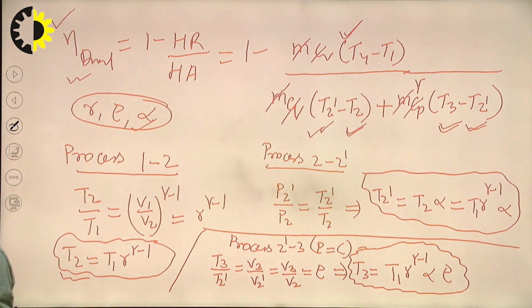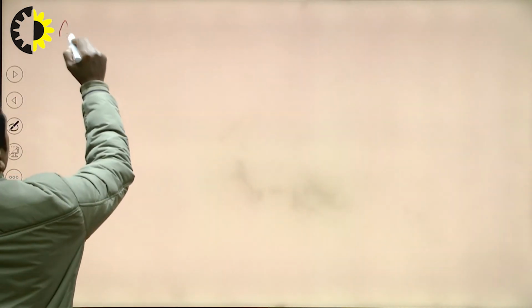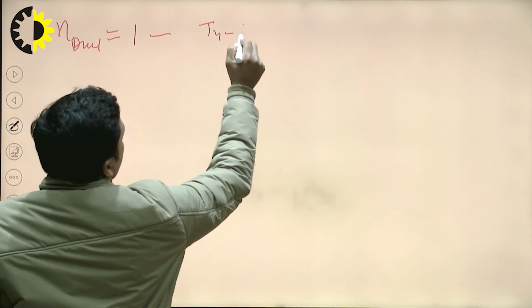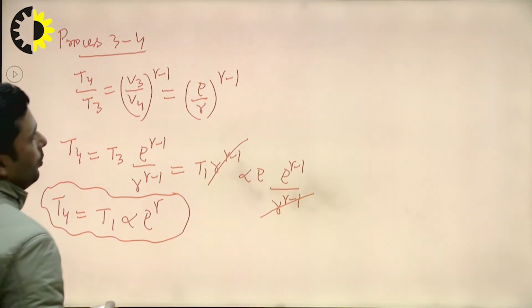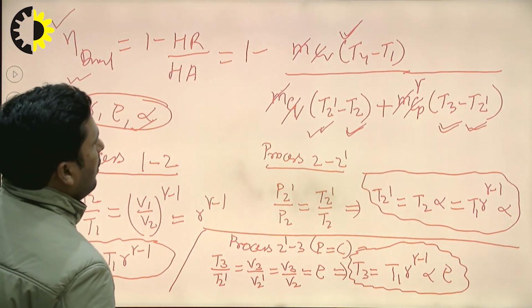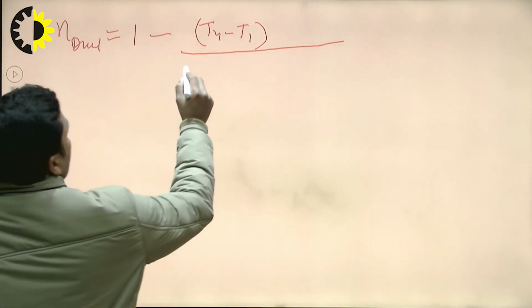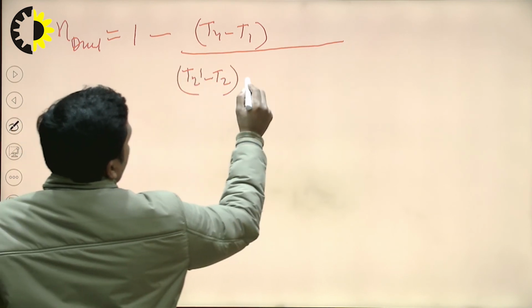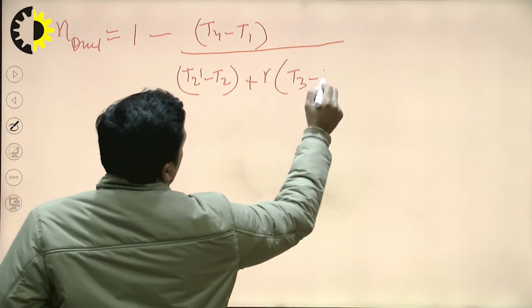So, the thermal efficiency of the dual cycle is equal to 1 minus (T4 minus T1) upon (T2 dash minus T2 plus T2 dash minus T2 plus gamma times T3 minus T2 dash).